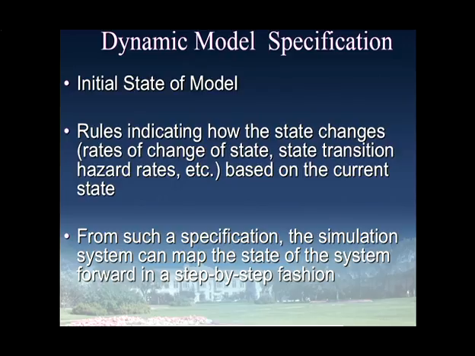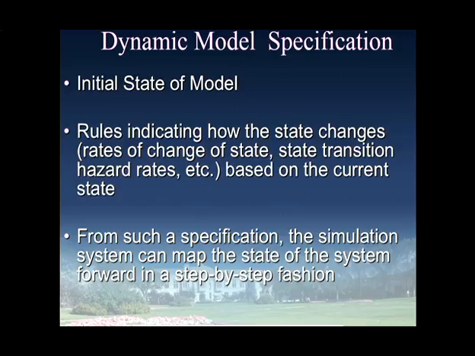Now, what are the general elements of the model? Well, regardless of whether it's an ABM, a discrete event model, or system dynamics model, we depict an initial state of the model. We specify an initial state. We specify rules indicating how that state changes based on the current state.